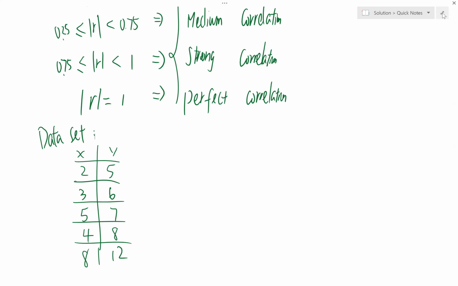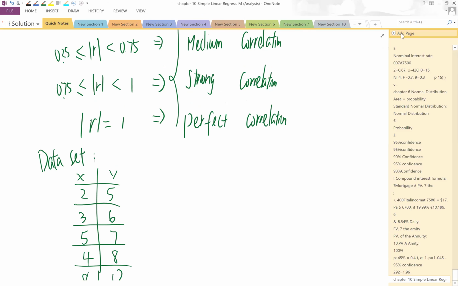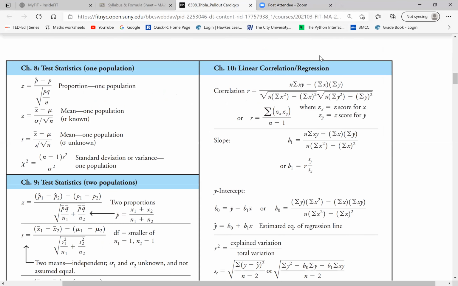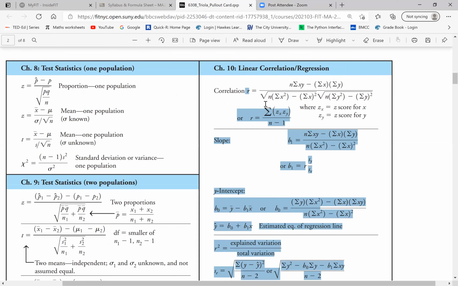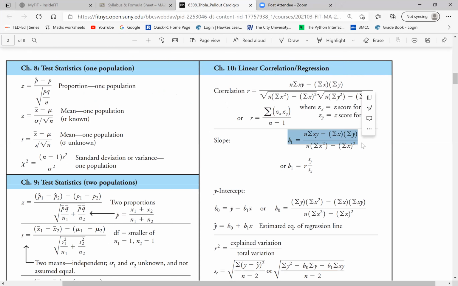Let me point out all the formulas we need for this particular chapter. Go to Blackboard, open the formula sheet. If you go to chapter 10, linear correlation regression formulas, one of the most important formulas is R. We also need the B1 formula and B0 formula.